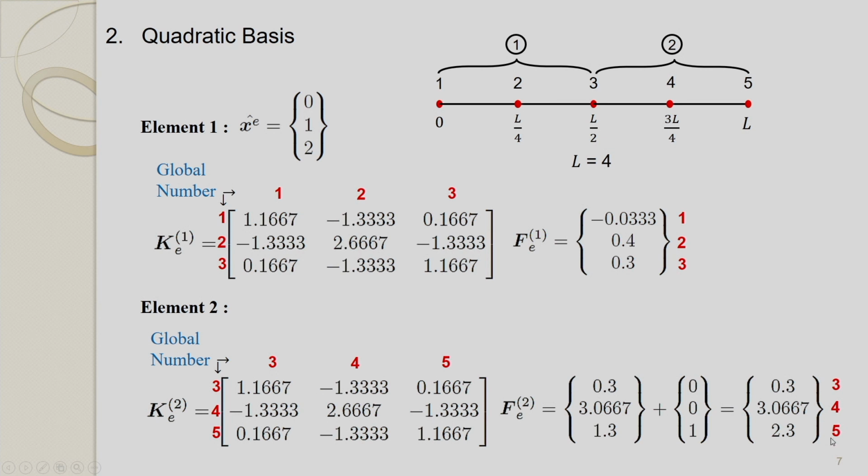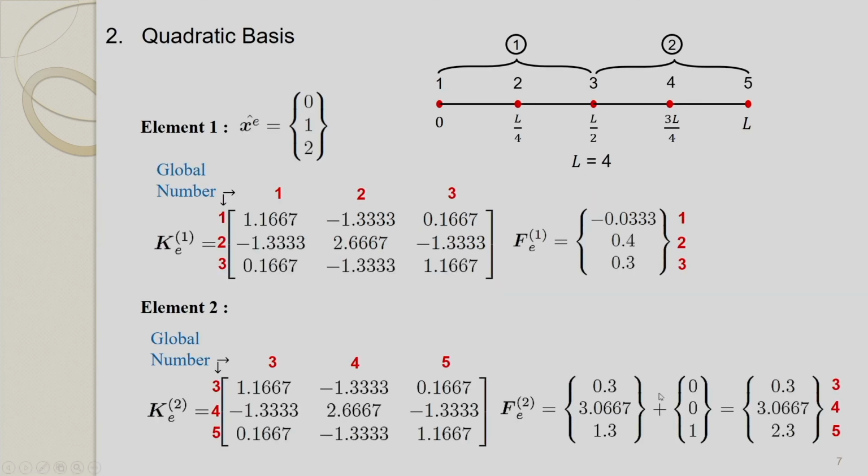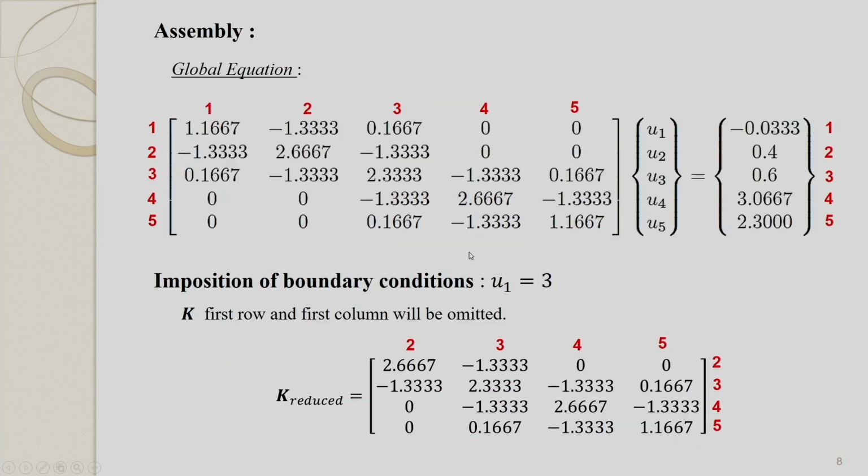Now, as you know, in assembly the entries which have the same global DOF index will get added. In this case, only this 3 comma 3 will be added. So, this 1.1667, if you add these two, the 3 comma 3 entry will be 2.3333.